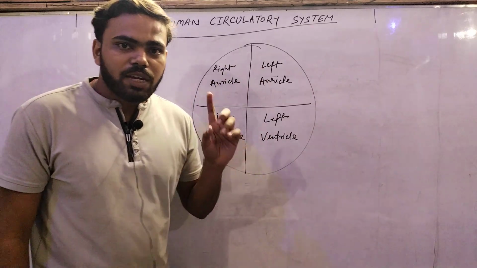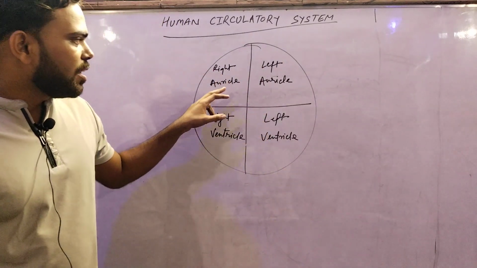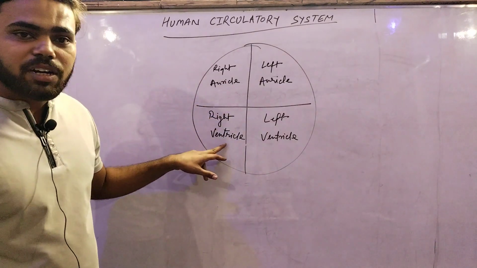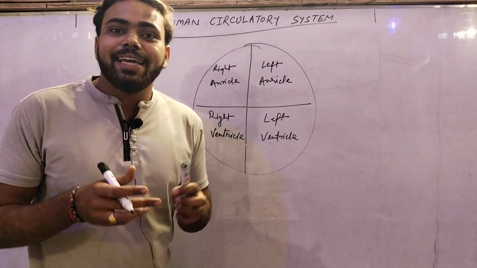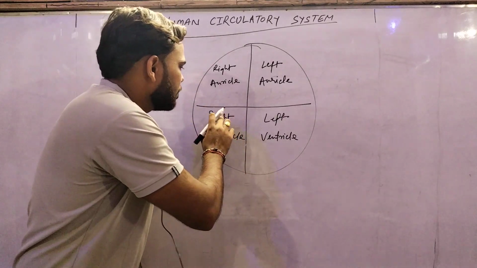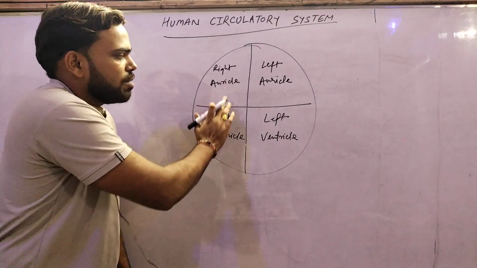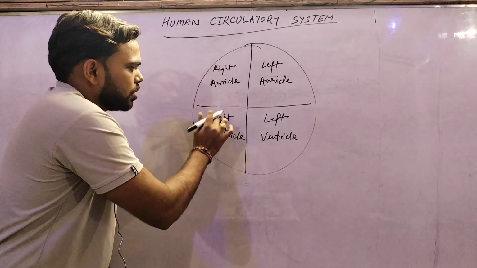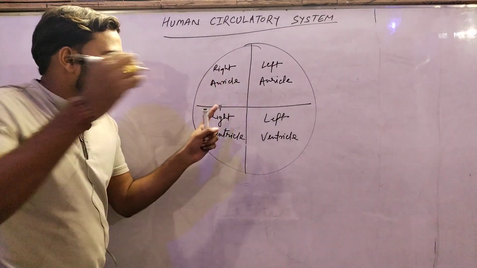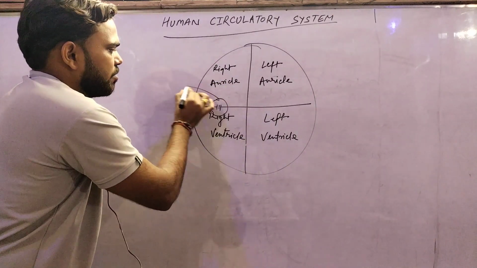First of all, we have to know that there is a valve in between the right auricle and right ventricle, which is called tricuspid valve. So let's draw the tricuspid valve. So tricuspid valve is present in between these 2 chambers of heart. So let's draw that. This is our tricuspid valve.